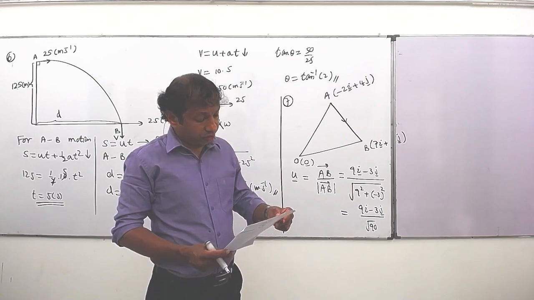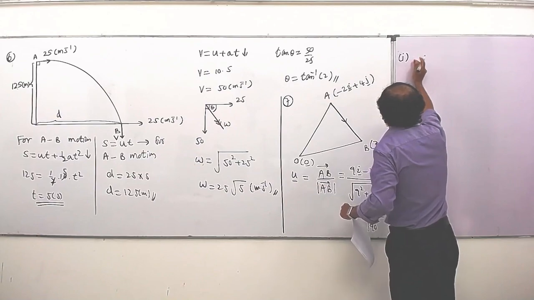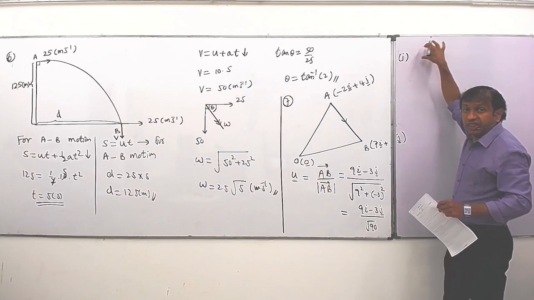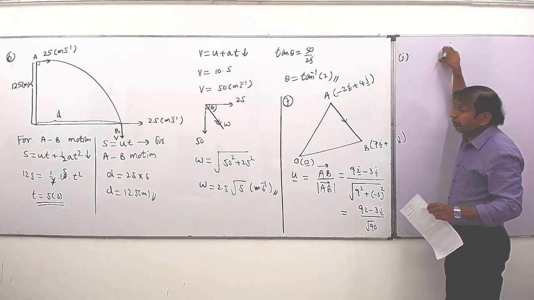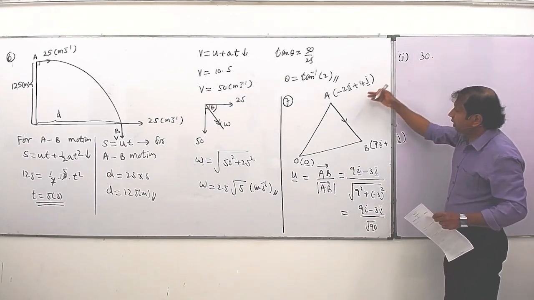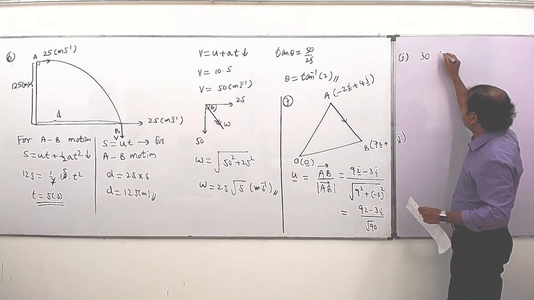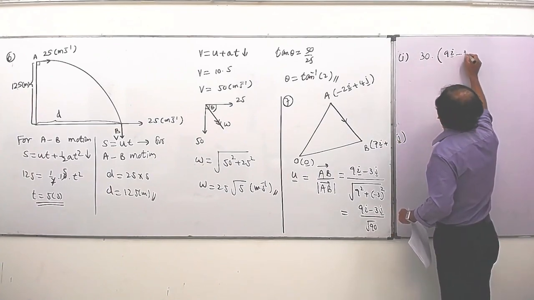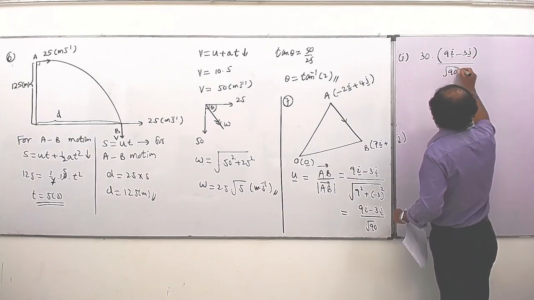So for the first part, you can write that vector is equal to its size multiplied by the unit vector along that direction. Here we are given the vector has a size 30. The unit vector acts along the direction AB, no? The AB direction unit vector is this. Then this 30 should be multiplied by this: 9i minus 3j divided by root 90. Okay.